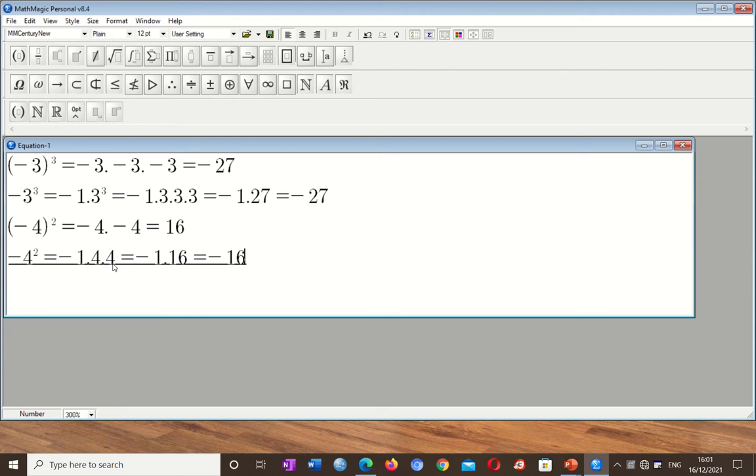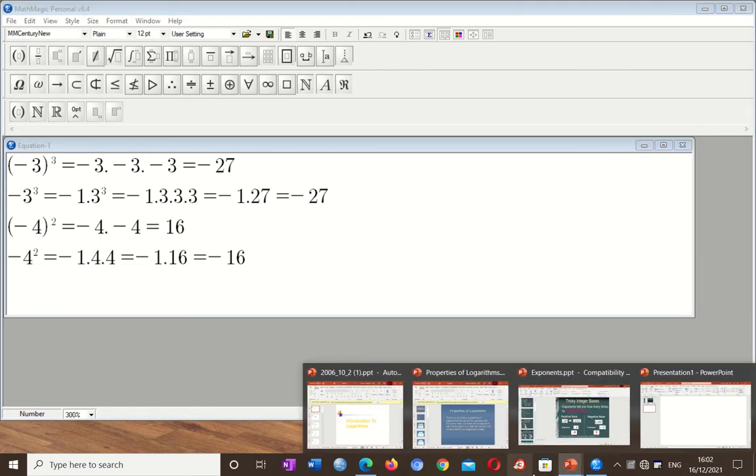Do you understand what the difference is? If I have a minus and if I have a bracket, I have to be careful, because here it means repeat minus 4, and here it means repeat 4 and multiply with minus 1. They are different. So let us continue with our presentation here.